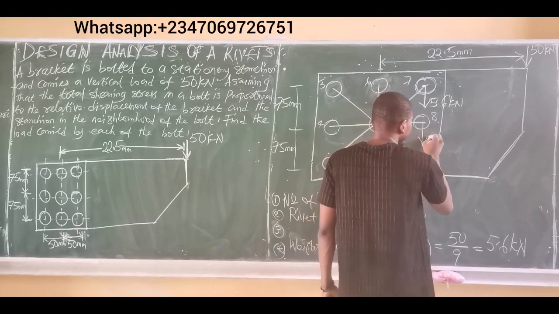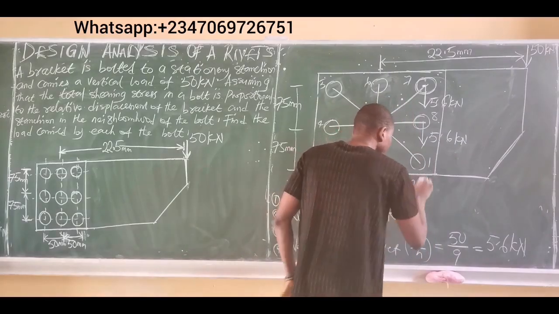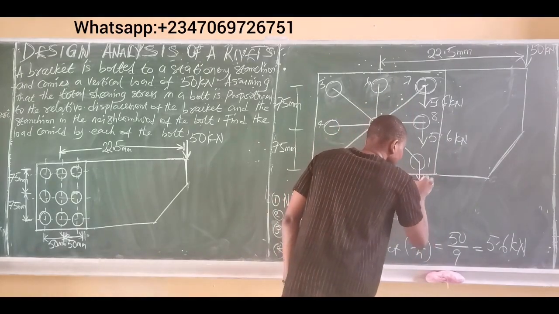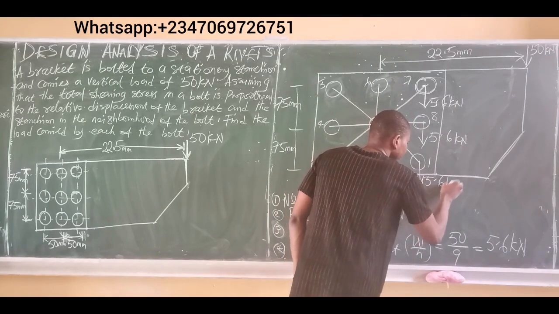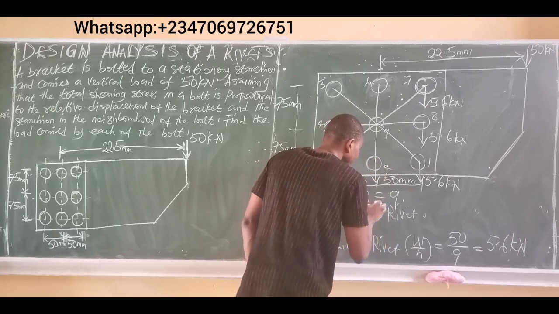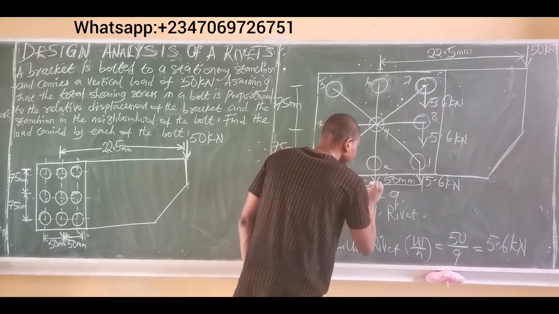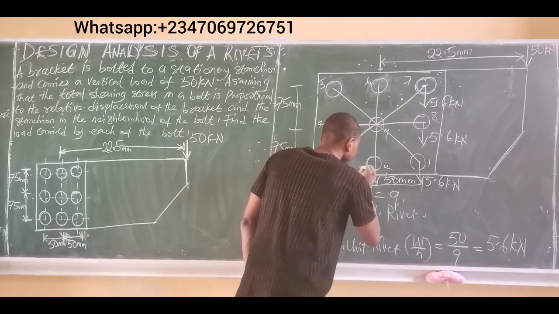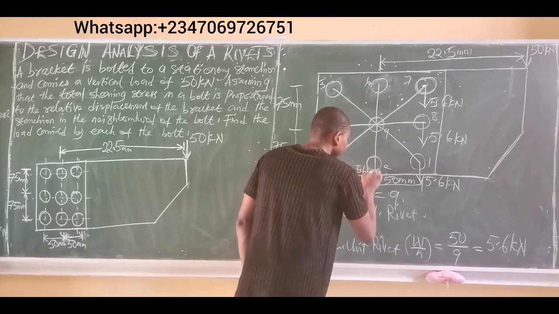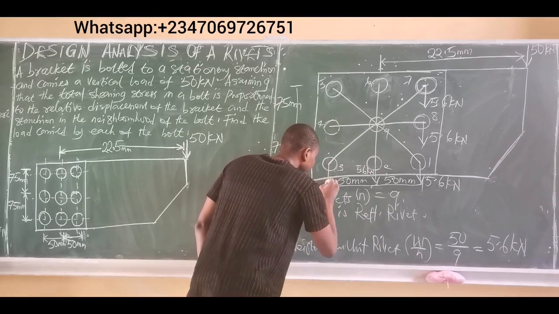So we have 5.6 kilonewtons vertically downward on each of the rivets, from the center of each of the rivets.